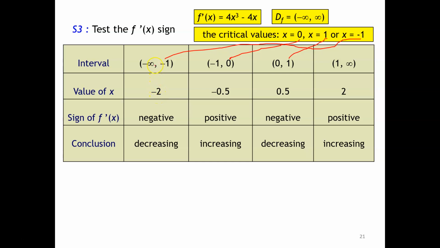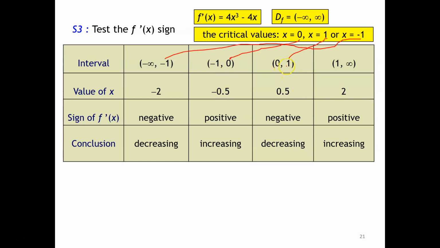Since -2 is within this interval, you can also choose -5, -10, -100, also can. As long as it is within here. Then for the second one, I choose -0.5 since it's within this range. It's still within this interval.